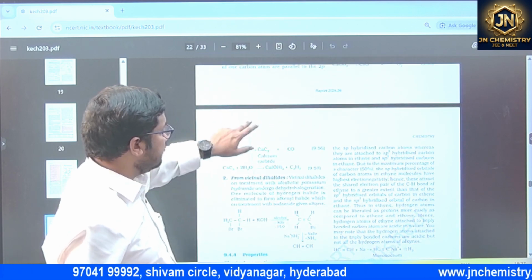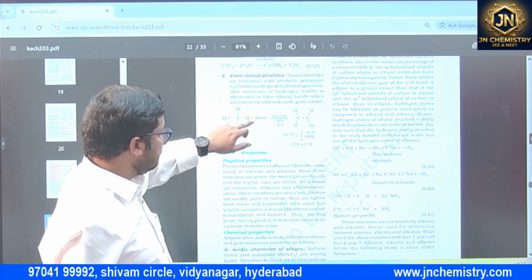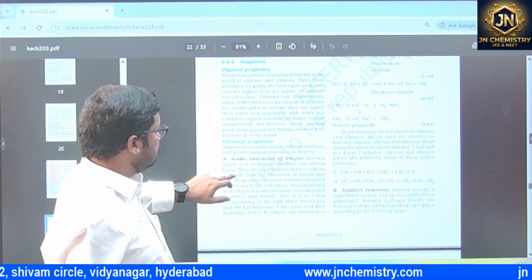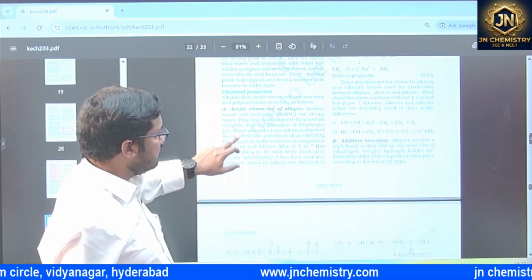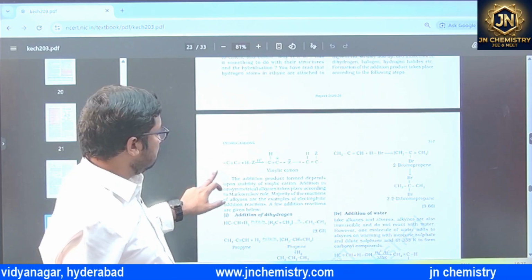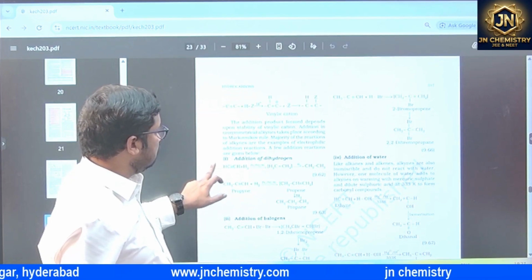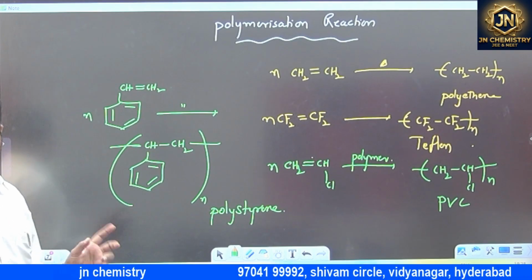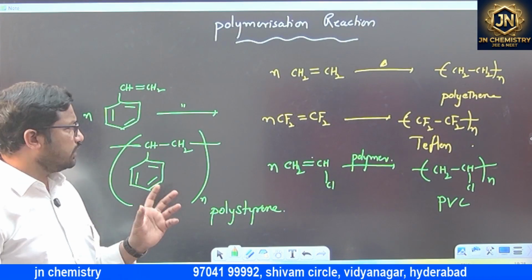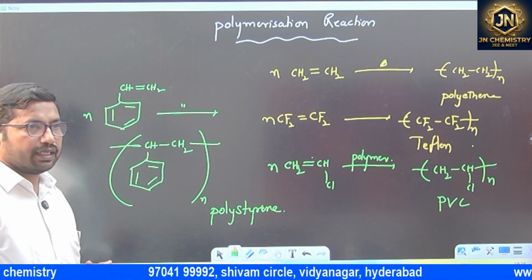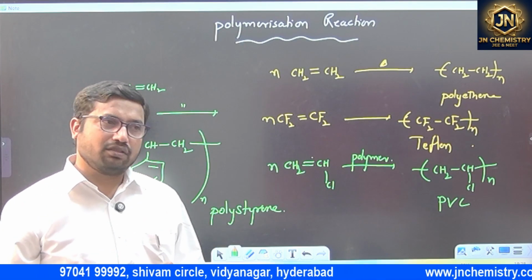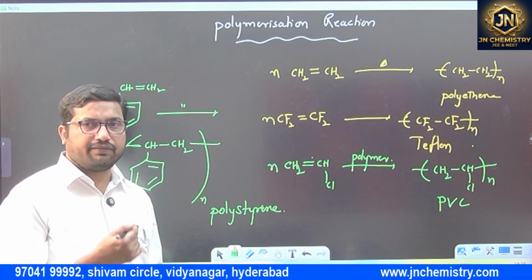Only two methods of preparation are there in alkynes. Then chemical properties. Next, just go through the NCERT for those reactions, but I gave you some more extra reactions, and you people are getting confused. So first level is this one, and the second level I will explain later.